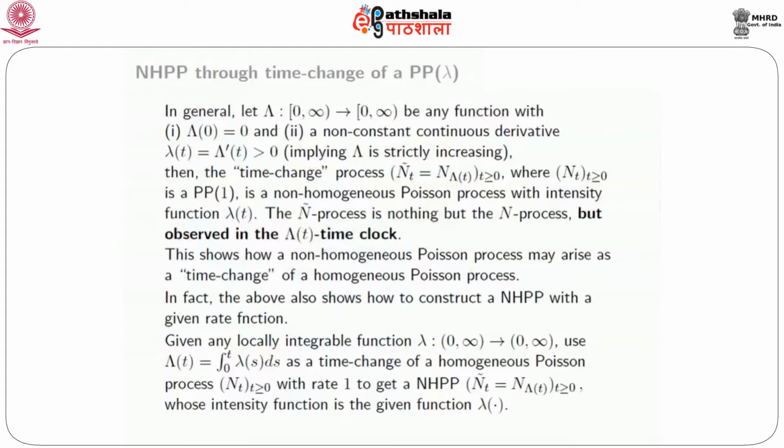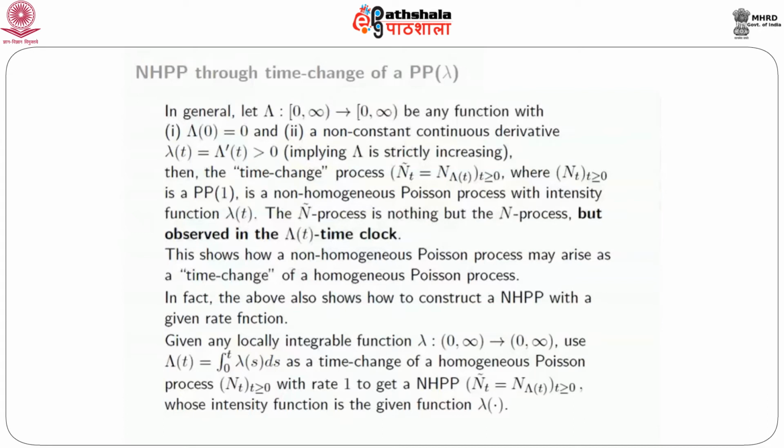Notice that this capital Lambda satisfies all the conditions, namely capital Lambda 0 is 0, and capital Lambda has a derivative, which is little lambda, which is given to be strictly positive. So capital Lambda is strictly increasing. You can legitimately use this as a time change on a homogeneous Poisson process with rate 1, and that will give you a non-homogeneous Poisson process N tilde t, which is N observed at capital Lambda t, whose intensity function would be the given function little lambda.